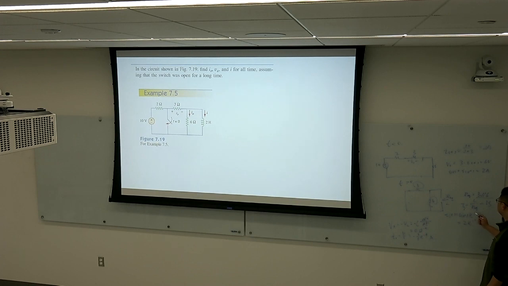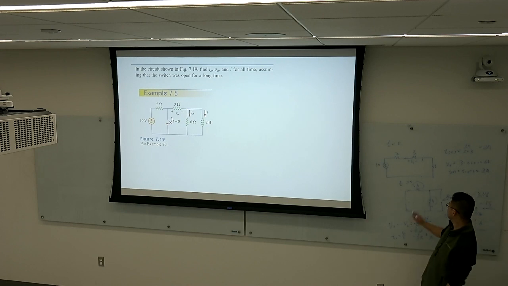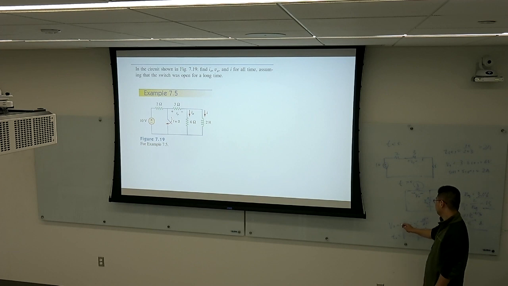And we calculate tau, which is 1 second. Plug in the initial value of the current and plug in tau, and we have the expression for i(t). Once we have the current on the inductor, we can calculate the voltage on the inductor, L di/dt. Because here is vo, and this is vL, vo equals the negative of vL.